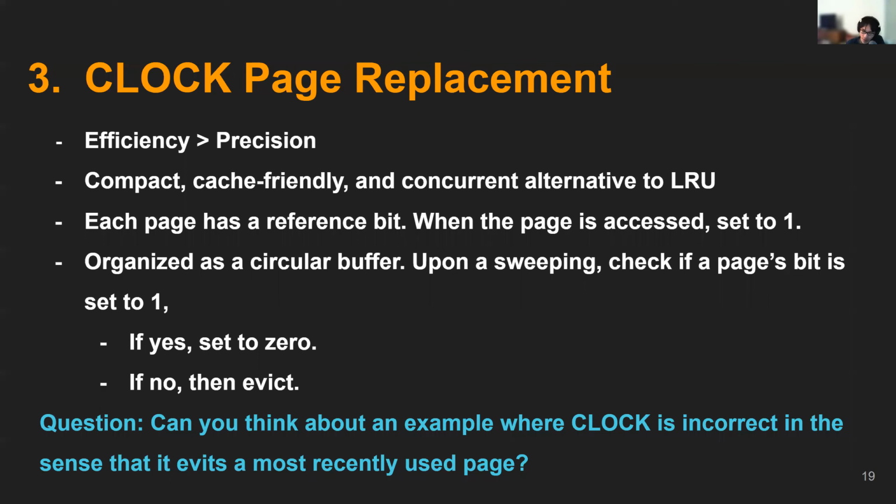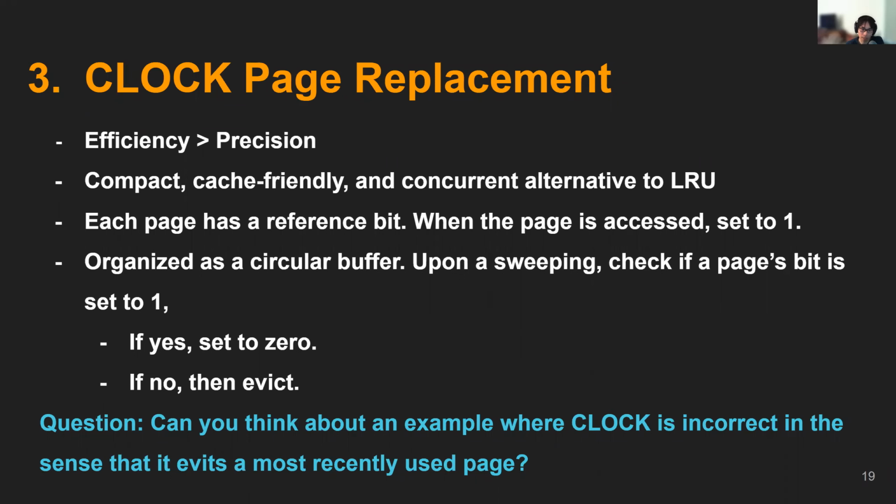If the database design cares more about efficiency than precision, there is another famous algorithm called clock. The clock page replacement algorithm is pretty compact, it's cache friendly, and it's very concurrency friendly. What it does is that every page has a reference bit.